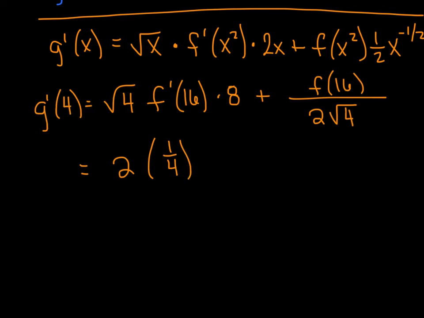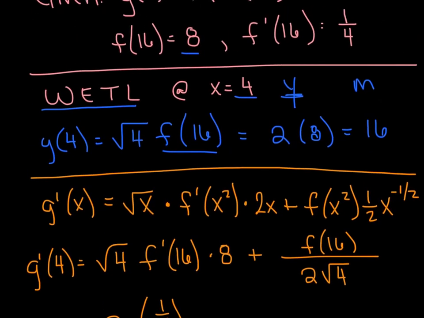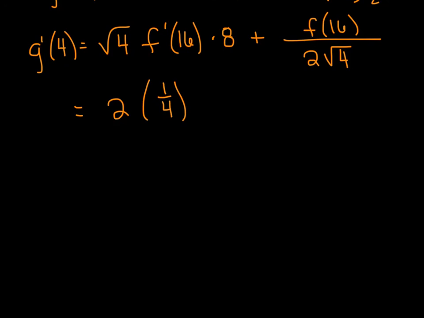Actually, I'm going to go up and check just to make sure I didn't screw that up. Yep, 1/4. Okay. And times 8 plus, f of 16 was defined as 8, all over basically a 4. So 1/2, I got 4 plus 2, which equals 6.